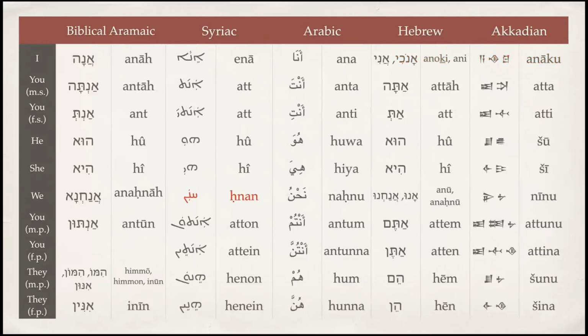Now, for the first common plural, you'll notice the Syriac is Hnan, which is a metathesized form of Nahna or Nahnu or Anahnu or even Nino in Akkadian, presumably the emphatic h or the het, as it's known, exists in the Akkadian, but you can't write it using Akkadian characters.